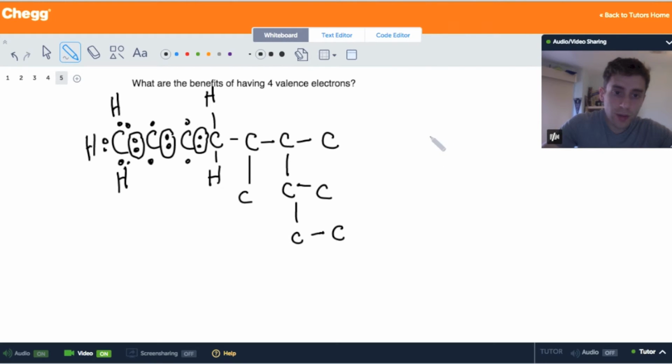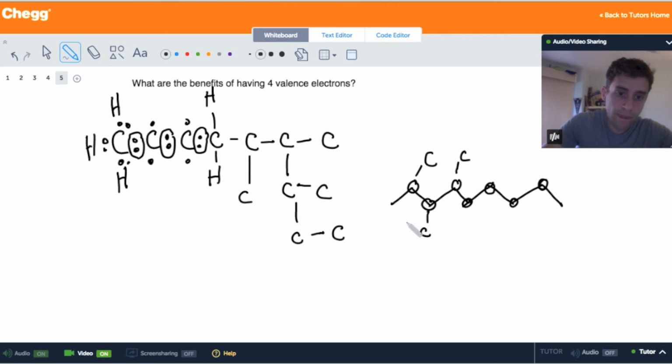We usually draw the skeletal structure of carbon as these little ridges. Each junction indicates a carbon atom. Same here at the ends.